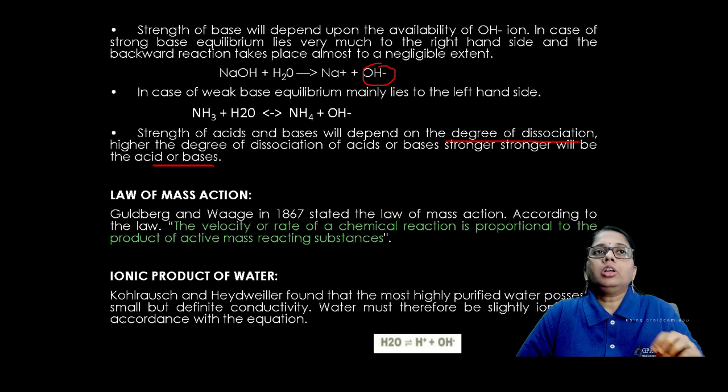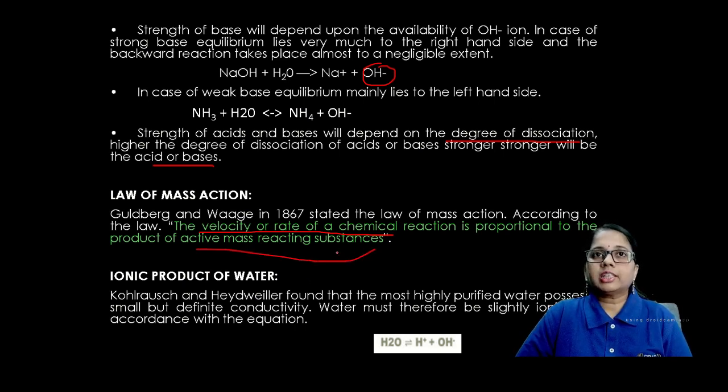Based on all these concepts, they have concluded the law of mass action, which the scientists Guldberg and Waage stated in 1867. According to the law, the velocity or rate of a chemical reaction is proportional to the product of the active masses of the reacting substances.